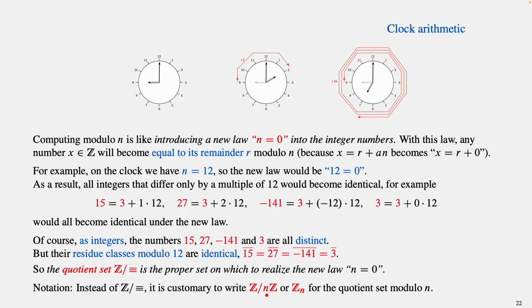And I would say this is probably more popular with mathematicians, and the second one is more popular with computer scientists. And now I want to make all of these ideas precise, but before that I will prove some interesting properties for the congruence relation mod n that are quite helpful when dealing with them.